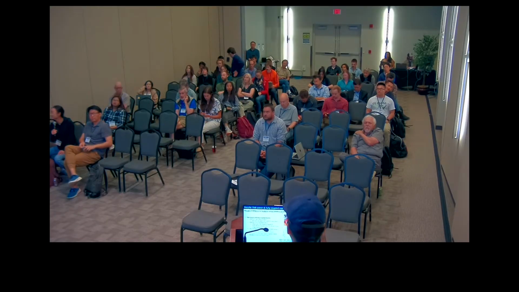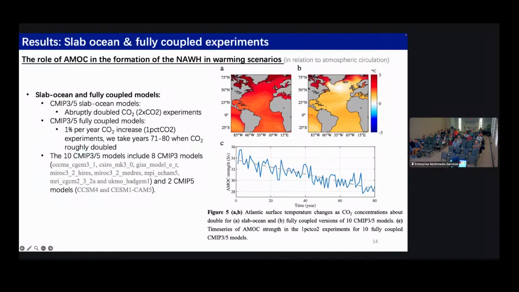Yeah, so we only have the thermodynamic process in the slab ocean, but we have both dynamic and thermodynamics in the fully coupled. And if we force with anthropogenic forcing like CO2, there will be atmospheric forcing.